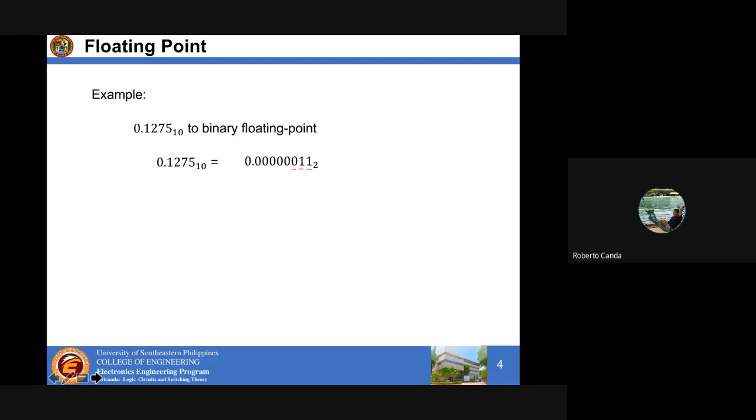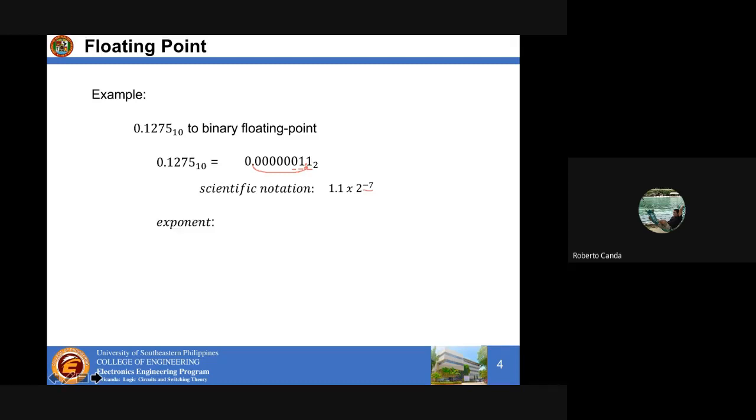So if we have to represent that one into a scientific notation, that is equivalent to 1.1 times 2 to the -7, because from this point up to this decimal point, there are 7 bits, going from the left side to the right side.